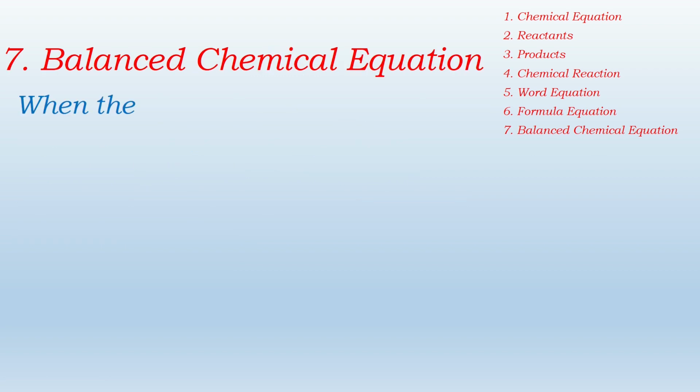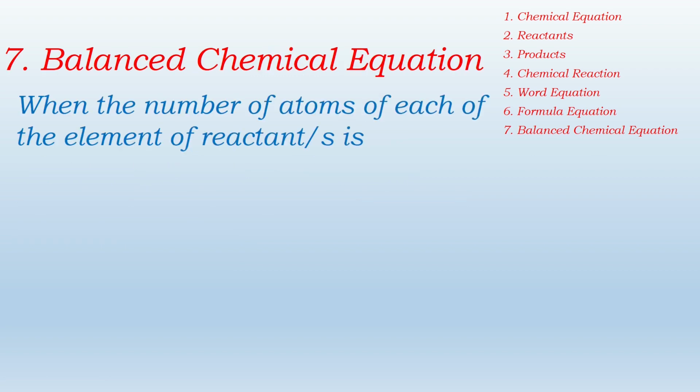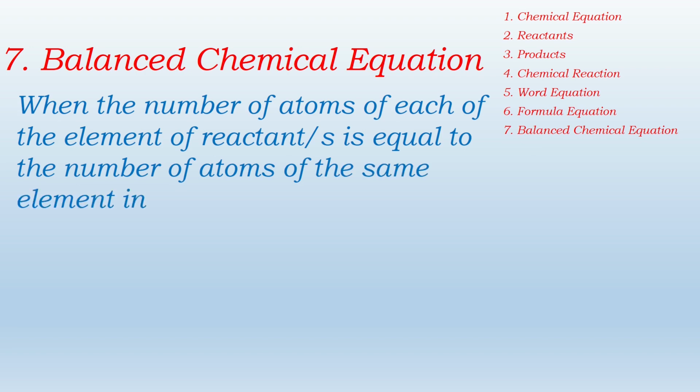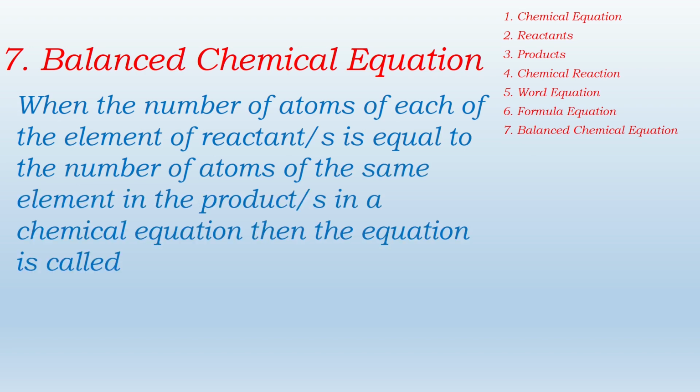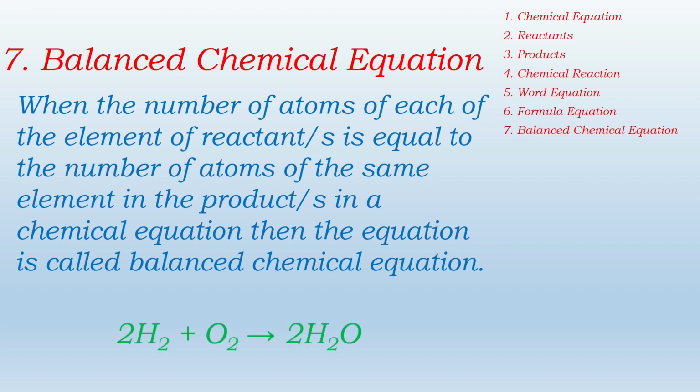Now balanced chemical equation. What is it? When the number of atoms of each element of the reactant or reactants is equal to the number of atoms of the same element in the product or products in a chemical equation, then the equation is called balanced chemical equation. It can be understood clearly with the help of an example. Look at this, the reaction between hydrogen and oxygen gas to form water. On the right hand side, the number of oxygen atoms is 2, and on the left hand side also the number of oxygen atoms is 2.